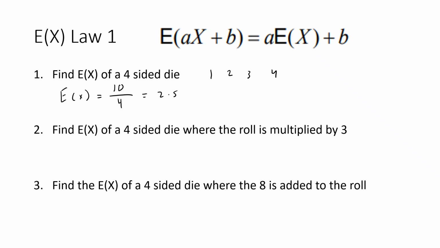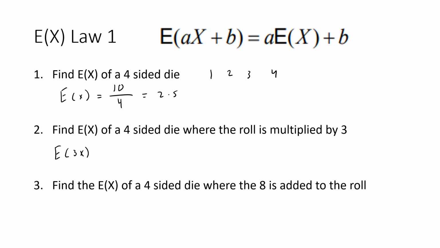Now, the next question is find the expected value of a four-sided dice where the roll is multiplied by 3. And now what this is asking is for us to find E of 3x, because it's the expected value of a four-sided dice, but you're multiplying it by 3. And we know that here we can take out a and take it out of the bracket.